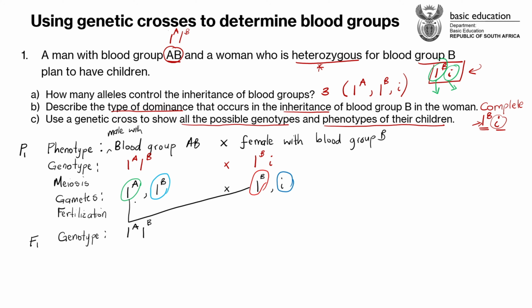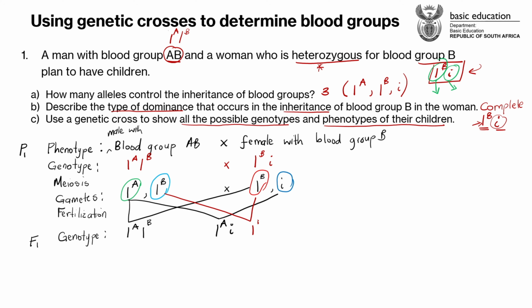So what will happen here? This first sperm cell can choose to fertilize the second ovum, and we get I with a capital letter A as well as i. You're just combining the 2 alleles. Or we can take this second sperm cell fertilizing this first ovum.